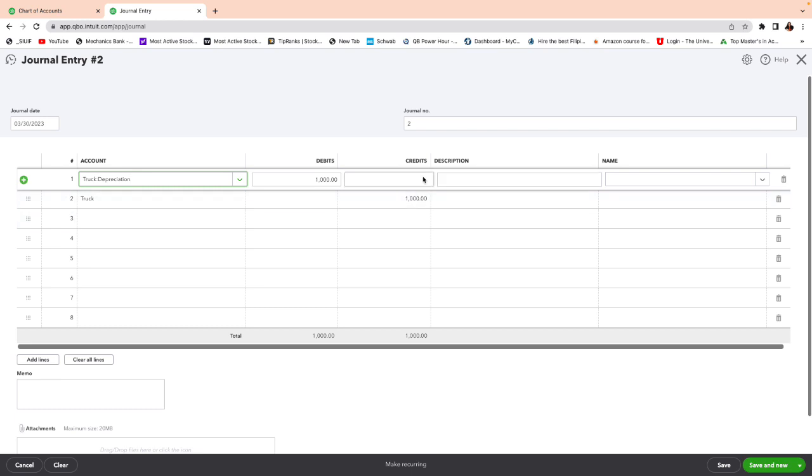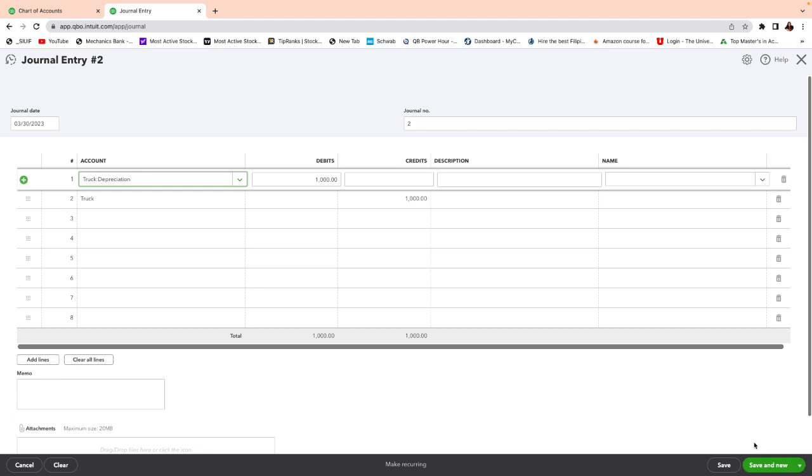So I am lowering the book value of the truck in my books, and at the same time I'm recording that expense for the truck depreciation. So that's going to lower my book value of that asset and record the expense. Okay, so you can save and new or save and close, and this is going to record your yearly depreciation.